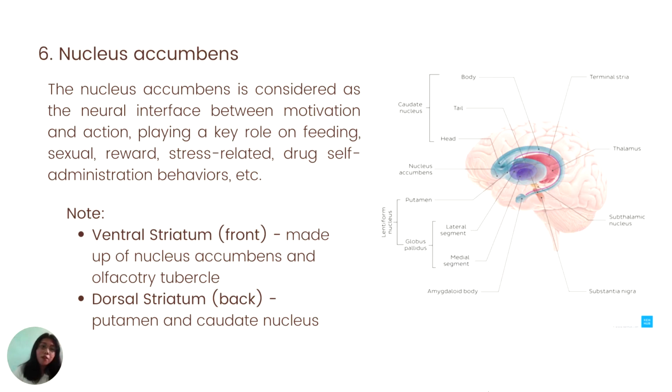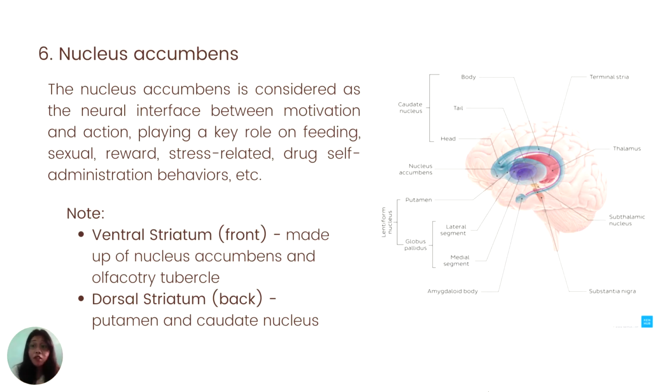So the nucleus accumbens is considered as the neural interface between motivation and action, playing a key role on feeding, sexual, reward, stress-related, drug self-administration behaviors, and etc. So we should remember that the ventral striatum, which is yung nasa harap, it is made up of nucleus accumbens and olfactory tubercle.